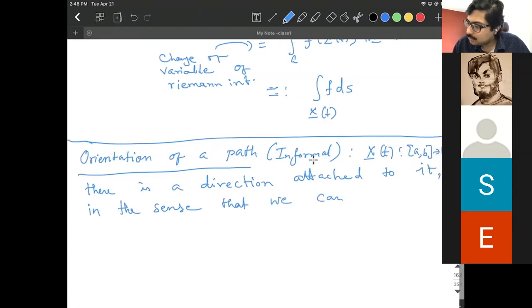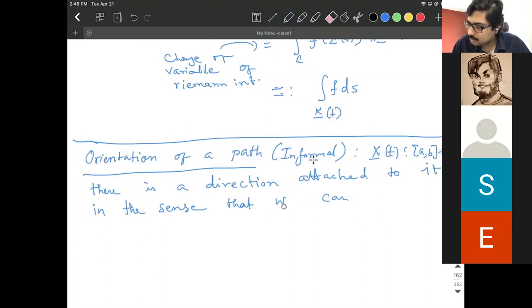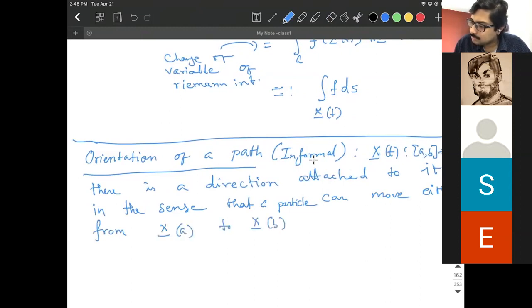let's say a particle can move either from x(a) to x(b) or the other way around, that is from x(b) to x(a).